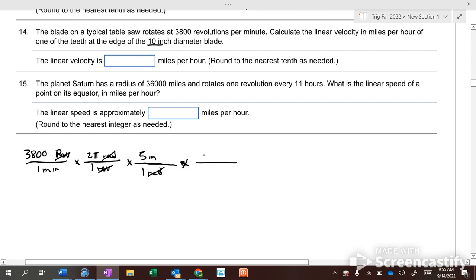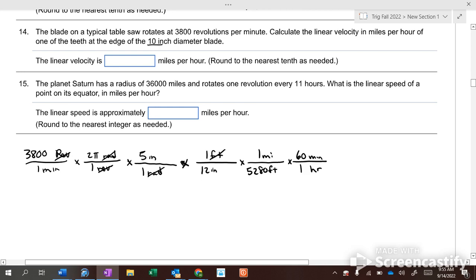So I know that there are 12 inches in 1 foot and how many feet in a mile? 5,280 feet in 1 mile, times there are 60 minutes in 1 hour.